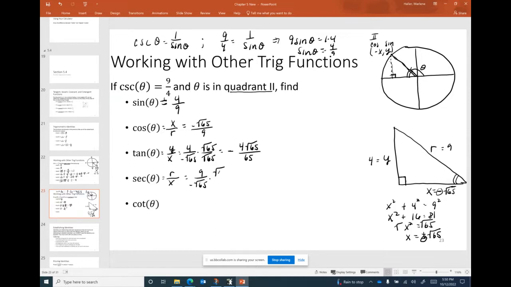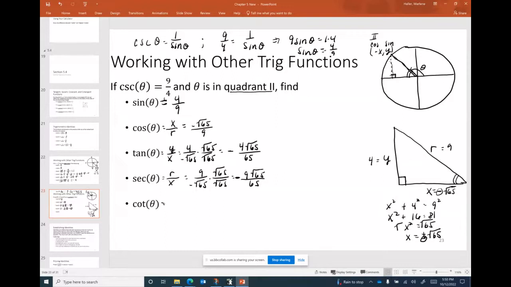So let's rationalize that denominator, square root of 65 multiplied by square root of 65 over square root of 65. So this then becomes negative 9 square roots of 65 over 65. Okay, negative.